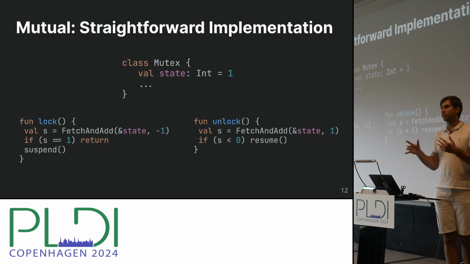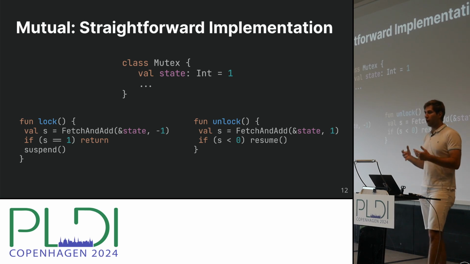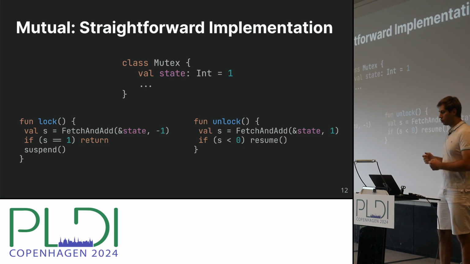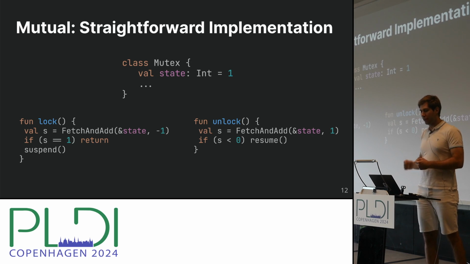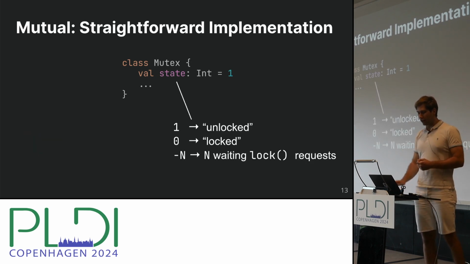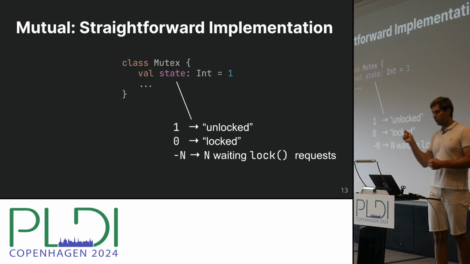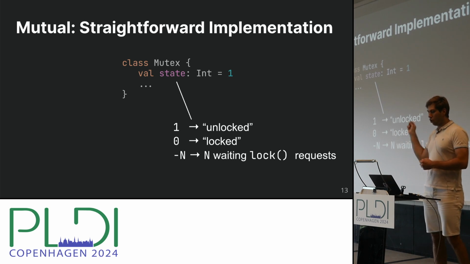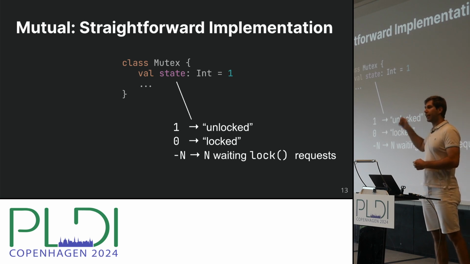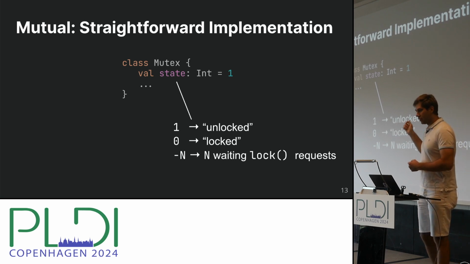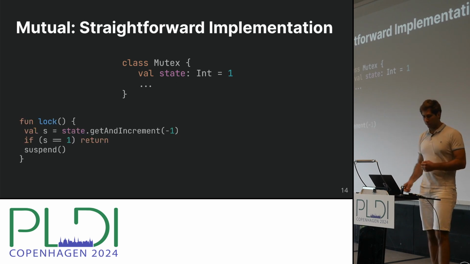Let's try to write some high-level, straightforward implementation. What I would do is have a state field in this mutex, which is initially unlocked. Then you can change it to the locked one to acquire the lock. And by decrementing it again, you actually increase the number of waiting lock requests on this mutex.